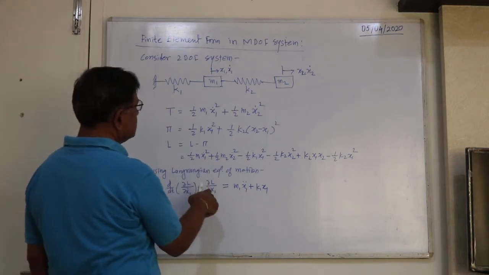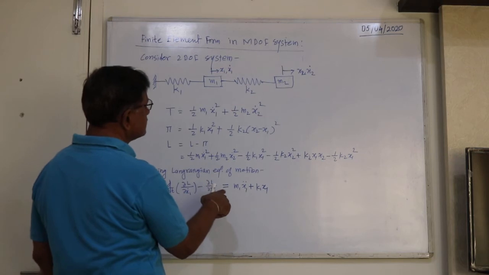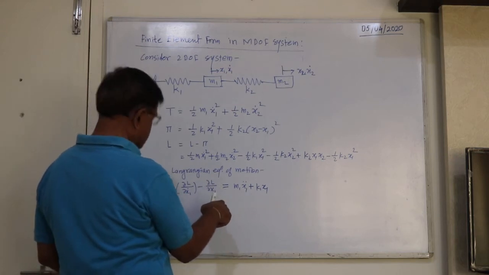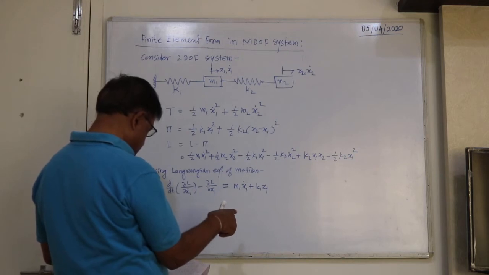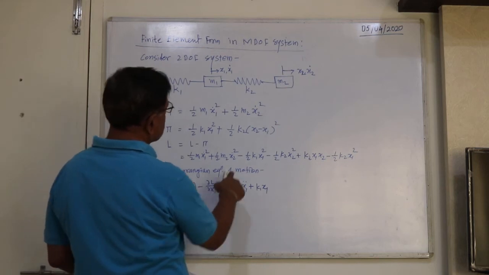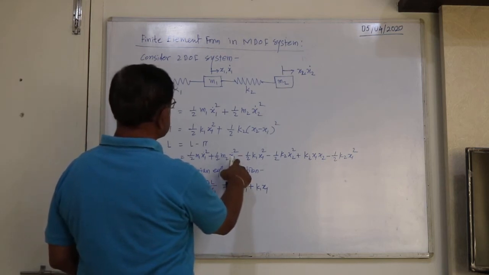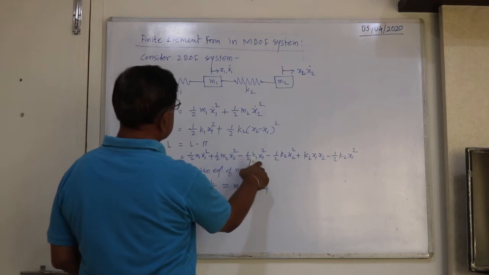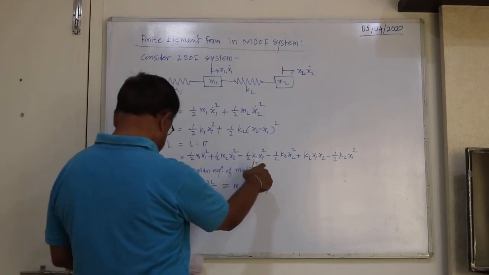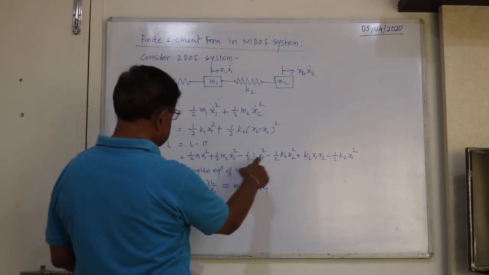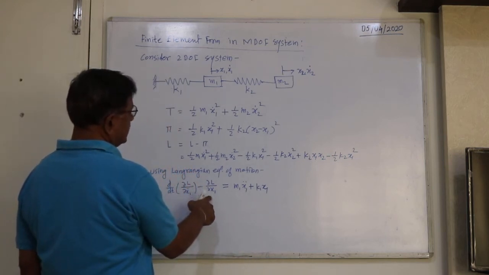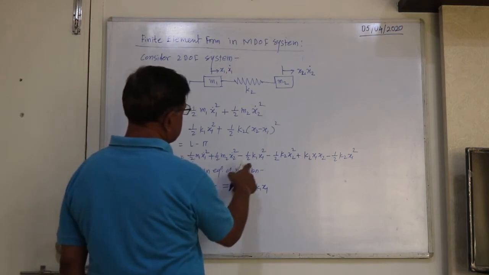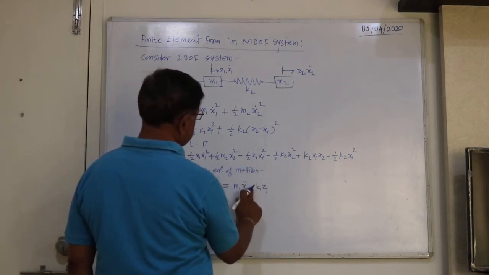Then minus del L by del x1, so this is k1 x1, this should be minus.